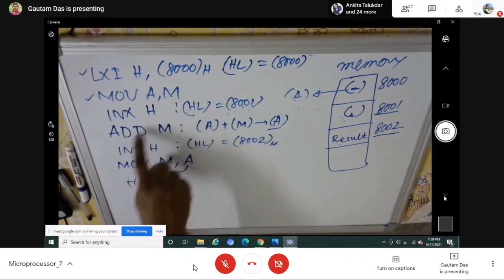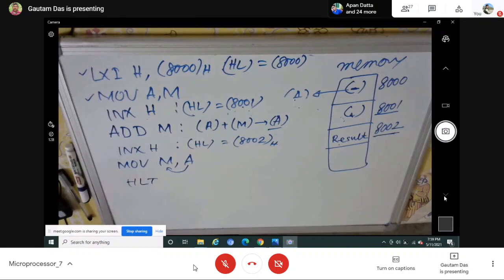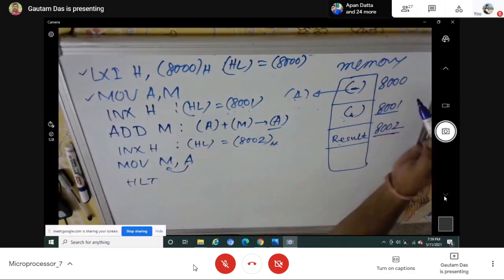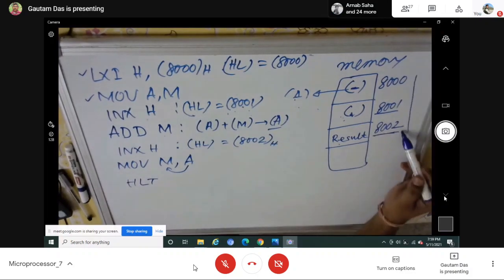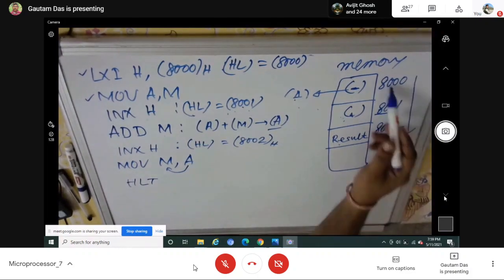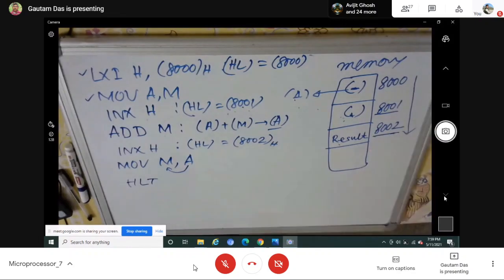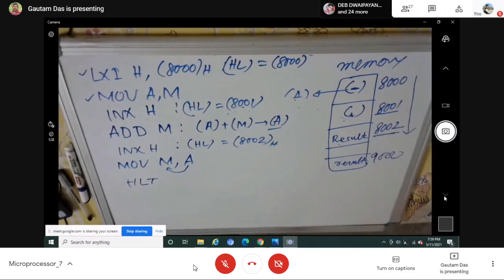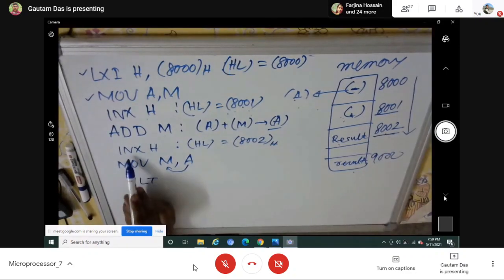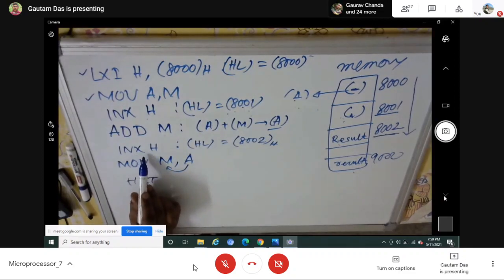I can use INX H in place of LXI only when you are performing operations with data stored in consecutive memory locations, because these are consecutive registers 8000, 8001, 8002. If I told you to store your result in 9000, not 8002, can you use INX H here? No. Then we must use LXI H 9000 to store the 9000 address in HL.